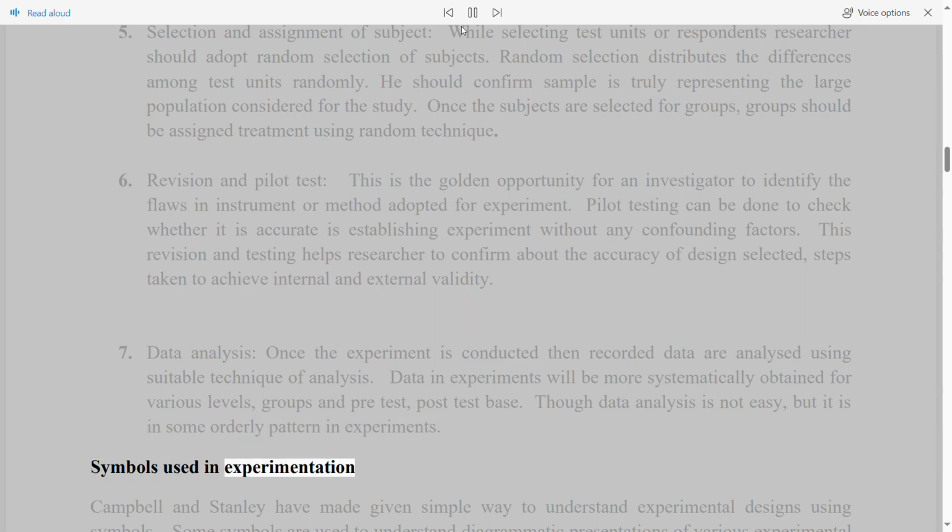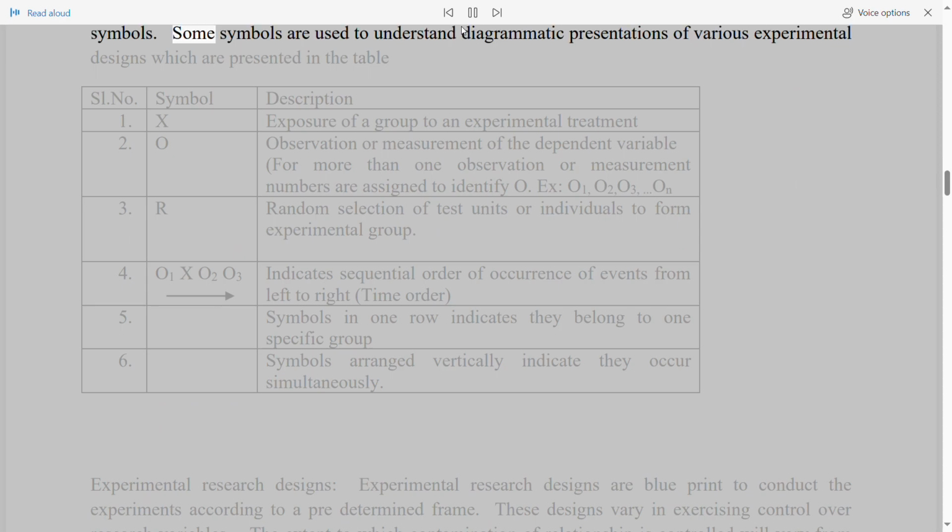Symbols used in experimentation. Campbell and Stanley have given a simple way to understand experimental designs using symbols. Some symbols are used to understand diagrammatic presentations of various experimental designs, which are presented in the table. Serial number, symbol, description. 1.